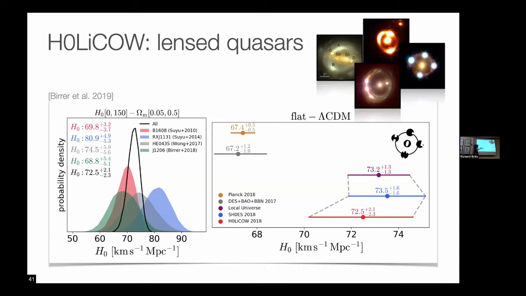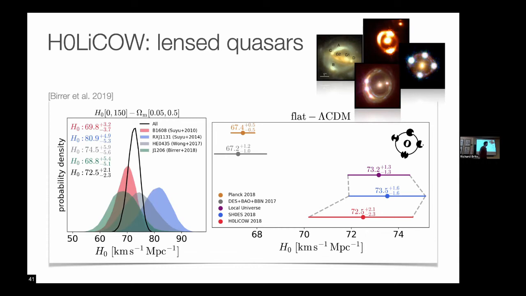You get individual probability distributions for the Hubble constant from different lensed quasar systems. You can combine them and get something like 72, 73, in agreement with other local determinations of the Hubble constant, and in disagreement with the early universe measurements from the CMB.